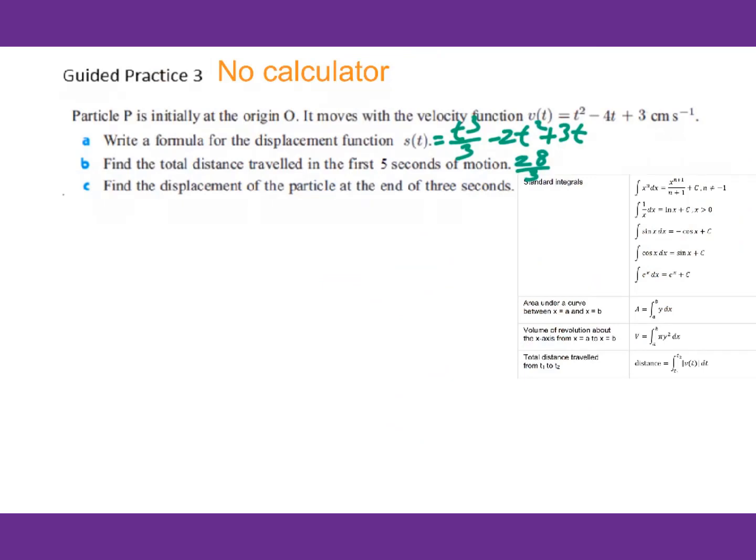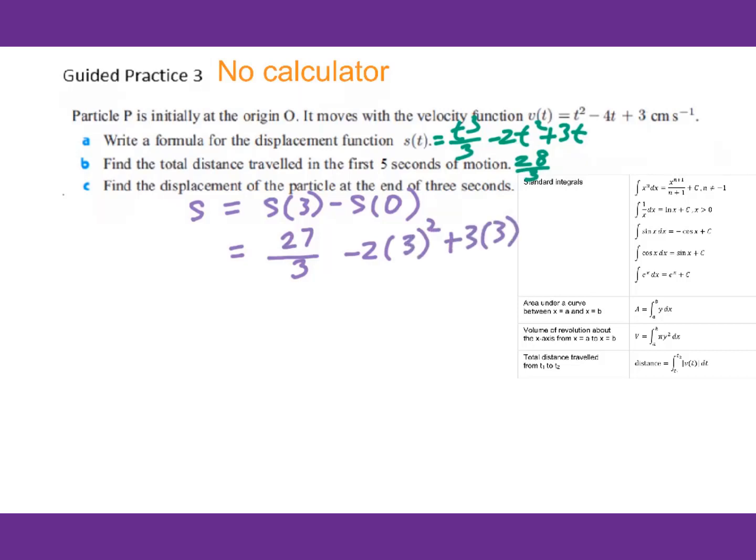Now let's go to C. Find the displacement of a particle at the end of 3 seconds. For this displacement, we will do s of 3 minus s of 0. Plug in 3, you will get 27 over 3 minus 2 times 3 squared plus 3 times 3.